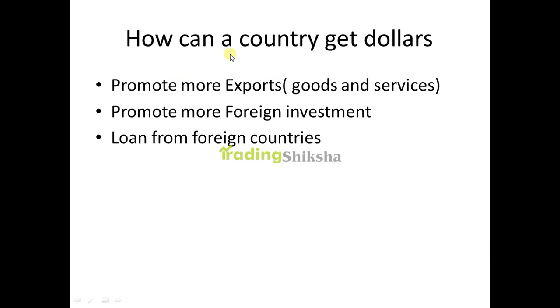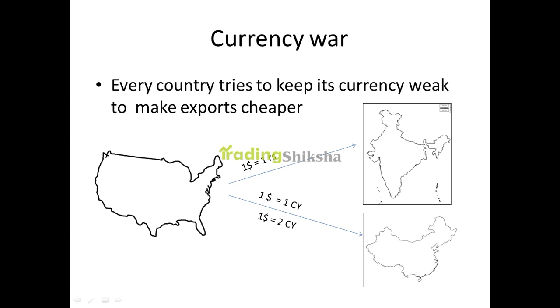The first link was that to buy oil, any country requires dollars, and to get dollars, any country would need to promote its exports. Now how can a country promote its exports? The easy way is to make its local currency weak and the foreign currency strong.